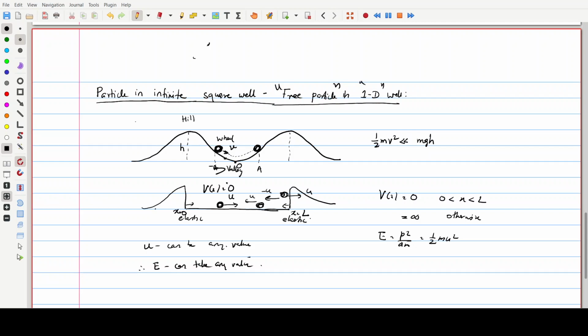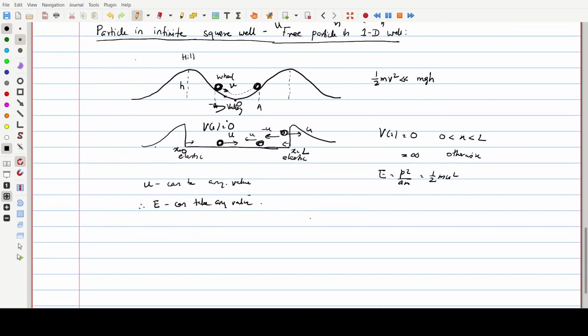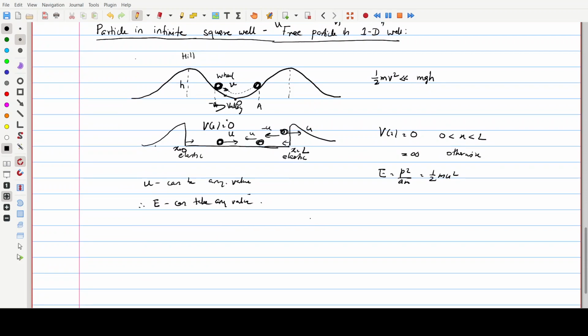So instead of this wheel, if there is an electron inside a one-dimensional box, if it is a free electron, or a free proton, then what would be its movement? What would be its possible energies? So for that we have to go for quantum mechanics.